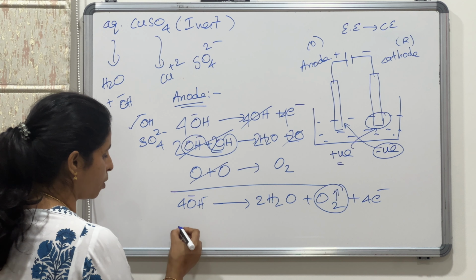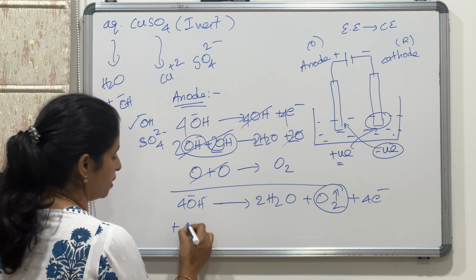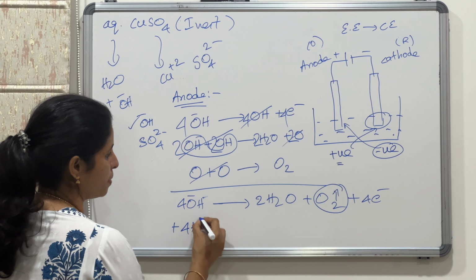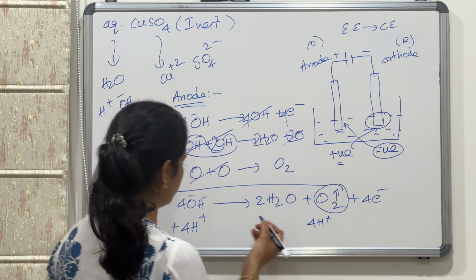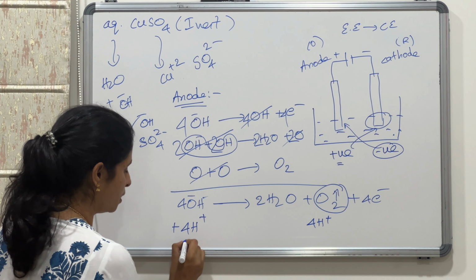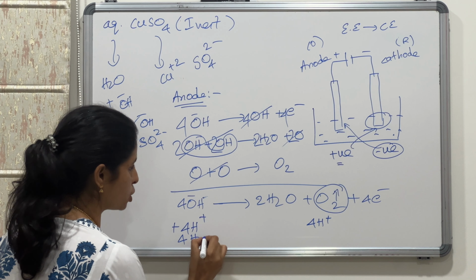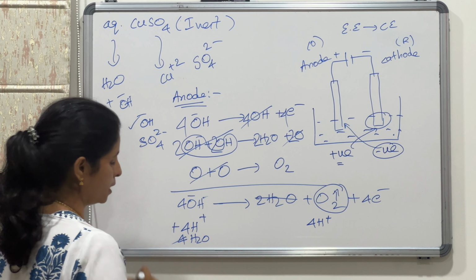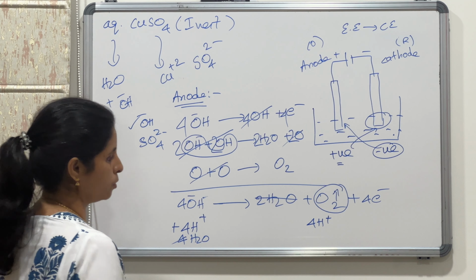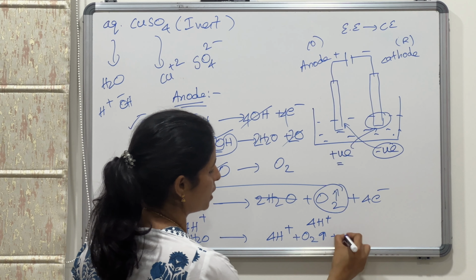To write in a proper way, add 4H plus. If you add 4H plus on both sides, then what will happen? This will become 4H2O, and here 2H2O, here 2 will get cancelled. So 4H plus O2 plus 4 electrons.